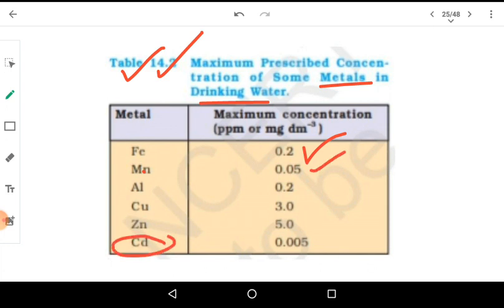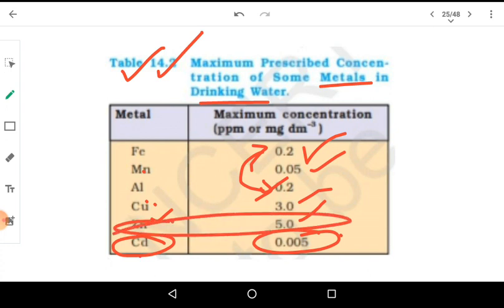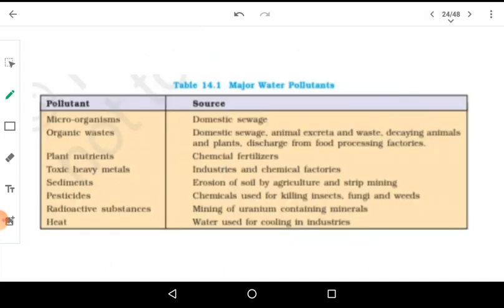Then cadmium, as you can see, is 0.00005, and zinc is 5.0, copper is 3.0, and aluminium is 0.2. So aluminium and iron have the same amount, and zinc up to 5 is possible, but cadmium should be the least.